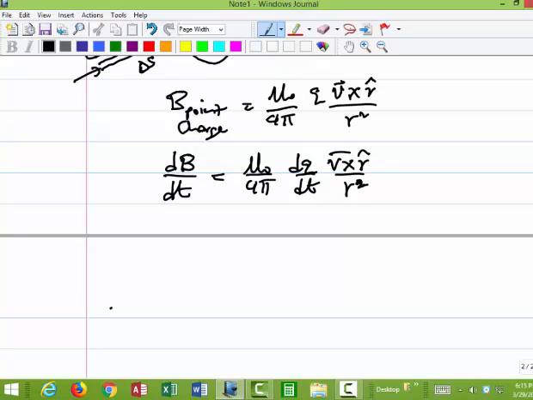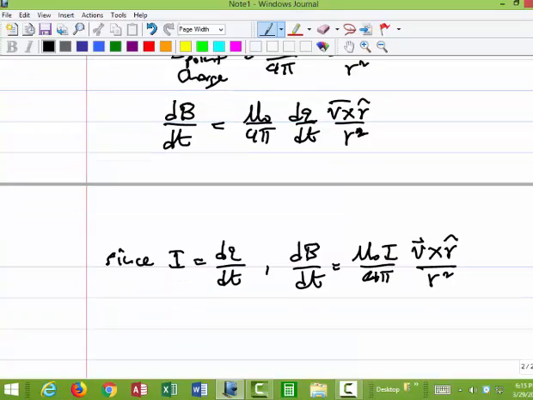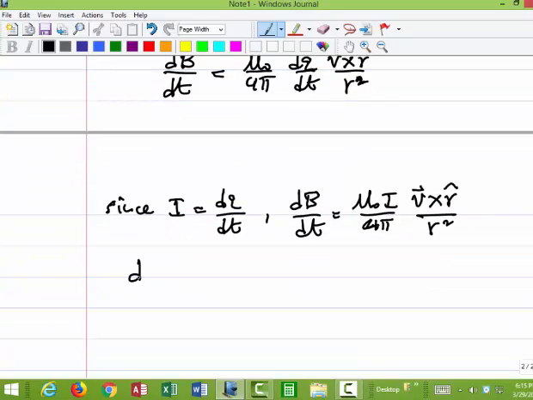And we know that since current I is equal to the charge per unit time, we can replace that in there. So we have dB dt is equal to mu naught I over 4 pi, and we have v cross r hat divided by r squared, of course. And then we'll multiply through by dt.